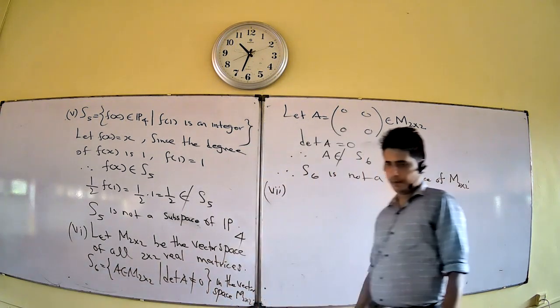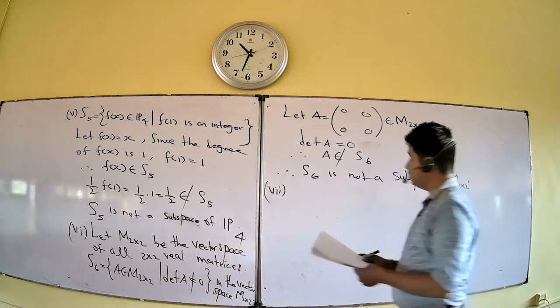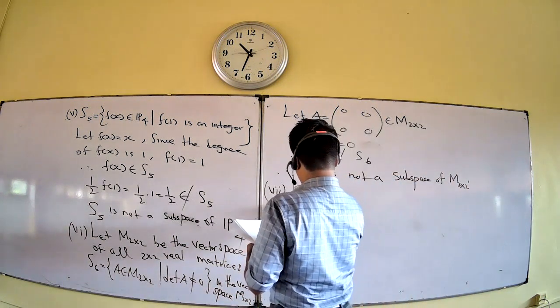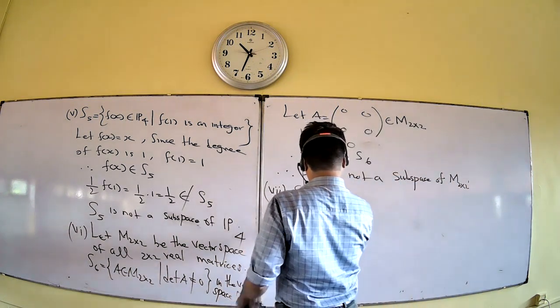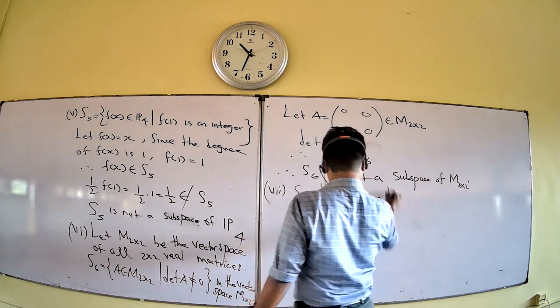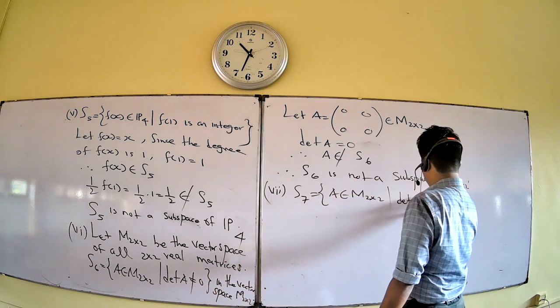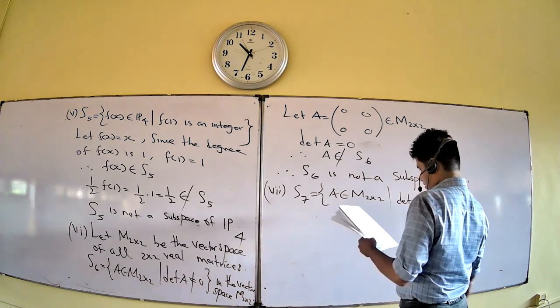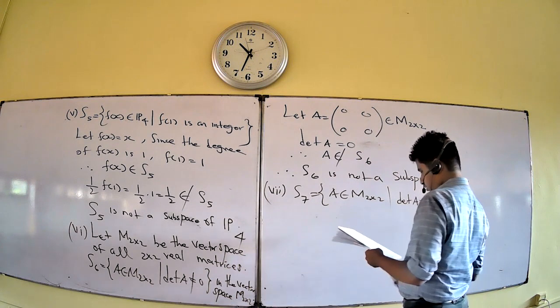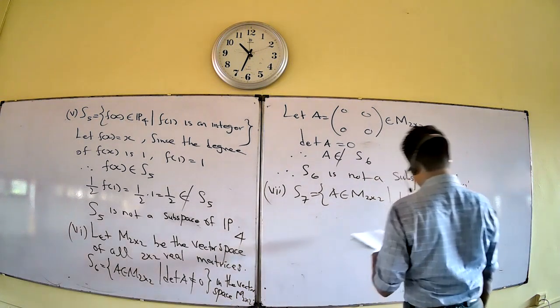Next one, S7. A belongs to M2 cross 2, where the determinant of A is 0, in the vector space M2 cross 2.